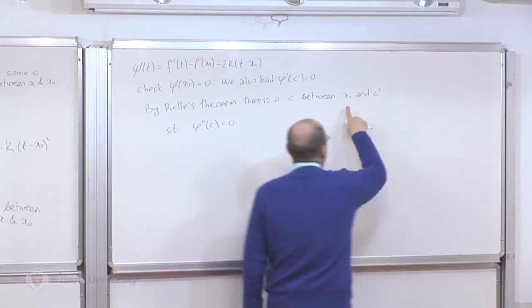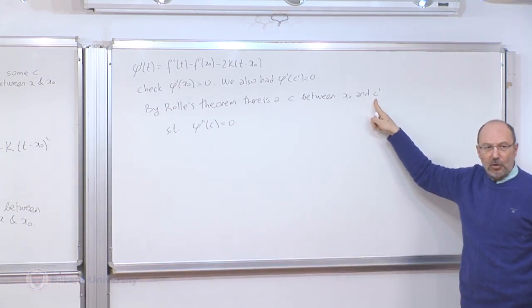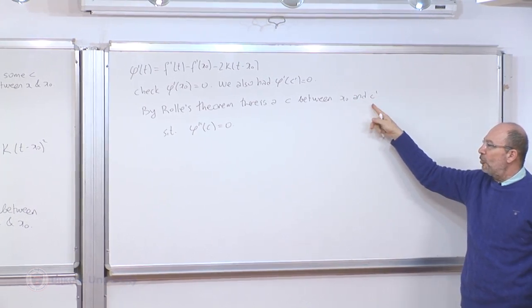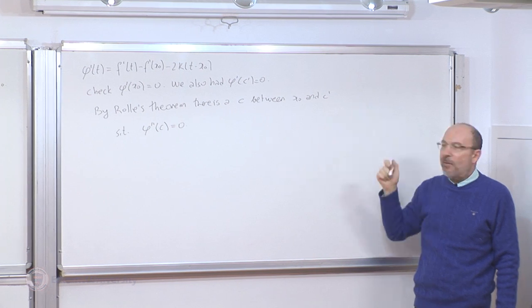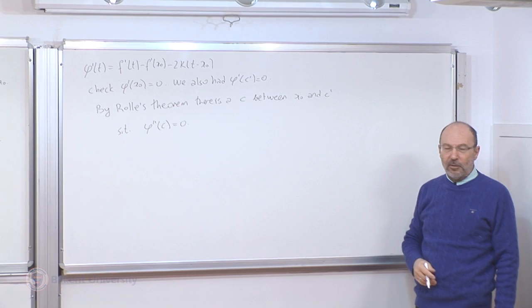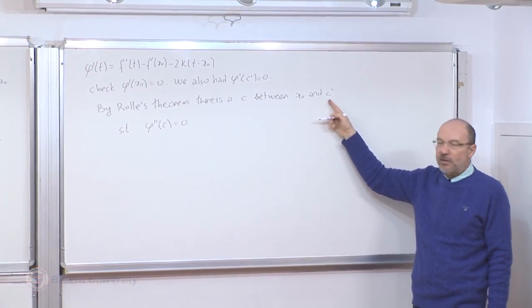Okay, so this doesn't make much sense because we don't know where c prime is. So this is not going to restrict our c. All we know about c is it is between x and x sub 0, because this point is between x and x sub 0.